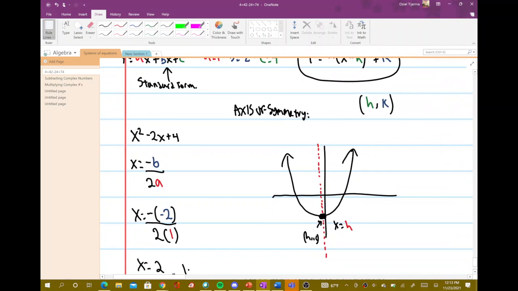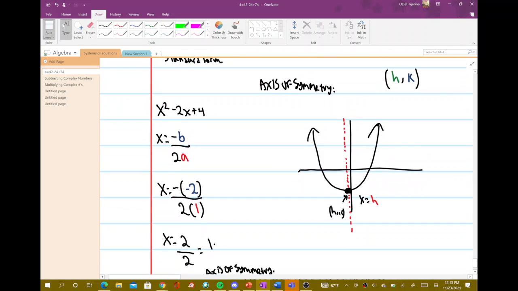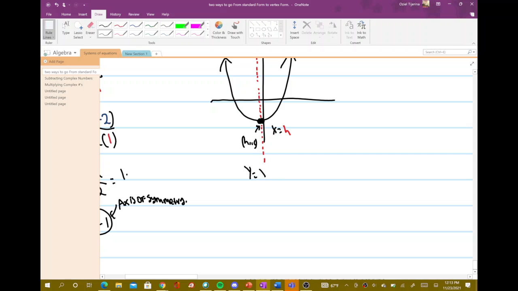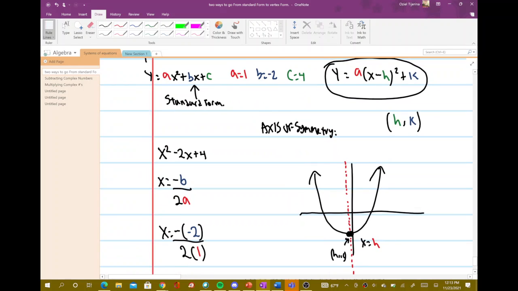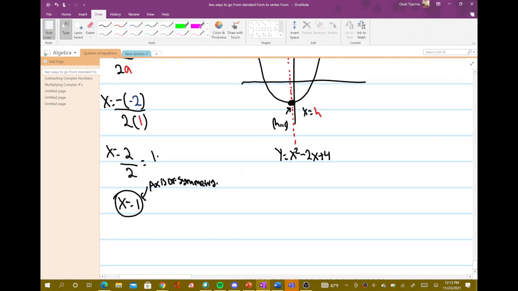And now what we're going to do is plug this in for x in our function. So we have y equals x squared minus 2x plus 4, right?